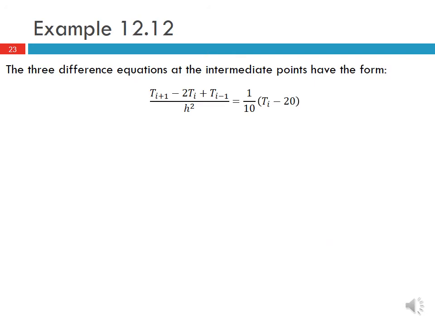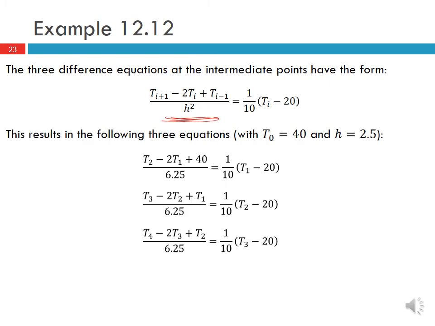So the 3 different equations at the intermediate points have the form shown here. Same as in the previous problem, we're using this centered finite difference for the second derivative to replace the second derivative in our differential equation, which results in these 3 equations, for when i is equal to 1, i is equal to 2, and i is equal to 3.